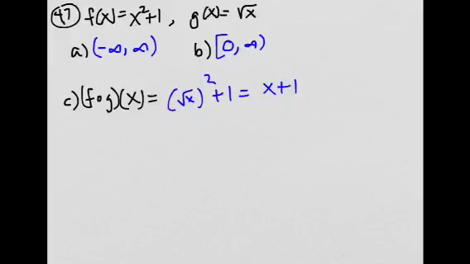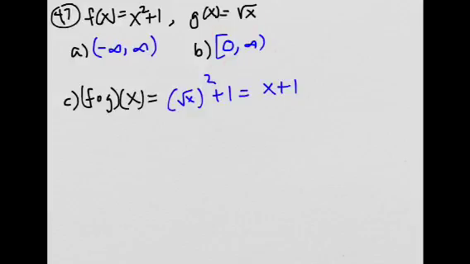Now, if x plus 1 were a standalone function, like if you had f of x equals x plus 1, you would say the domain is all reals. The difference here, though, is that x plus 1 is a composition of f of x and g of x. Okay, so remember that this is my inside function, we came in with this function which had this domain. So these were the only real numbers I came in with.